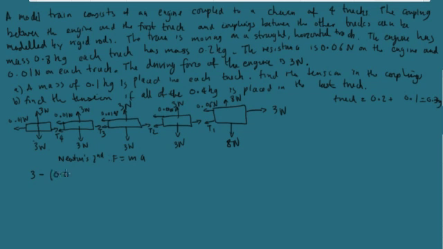So we've got 0.06 plus 0.01 for this carriage, 0.01 for this truck, plus 0.01 for the third one, plus 0.01 for the last one.